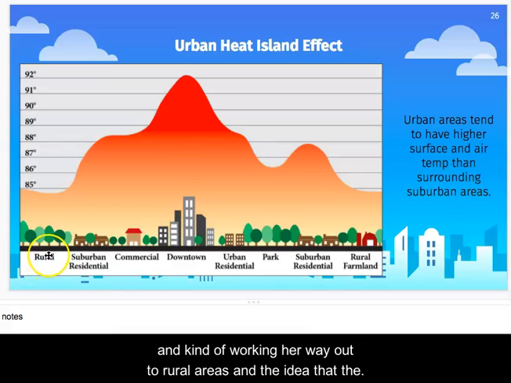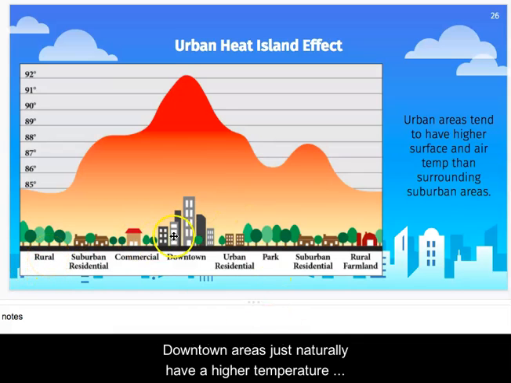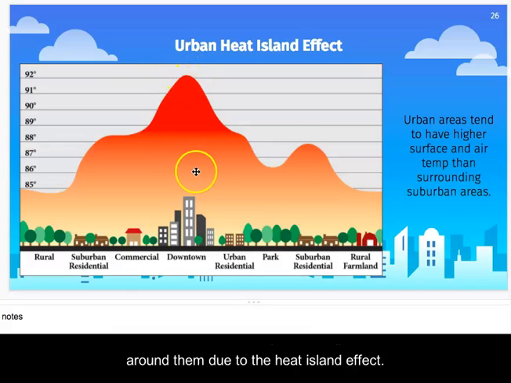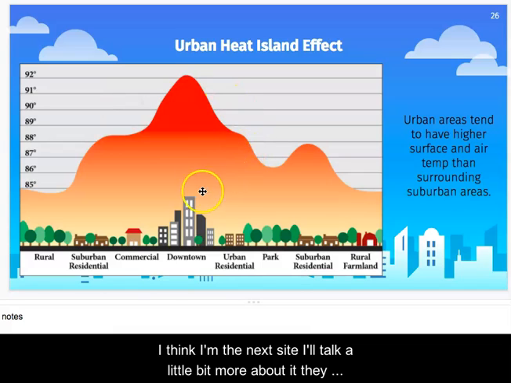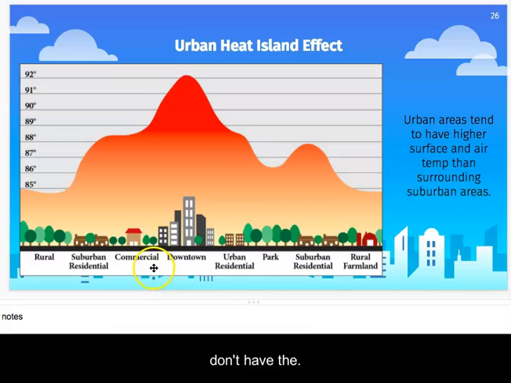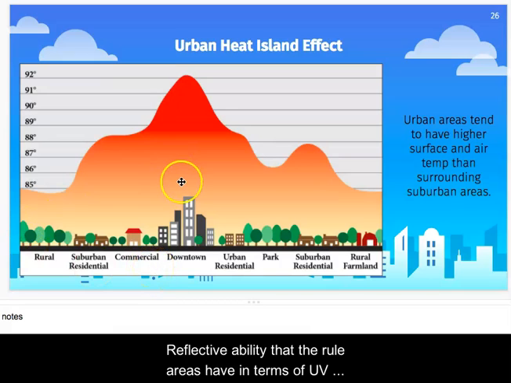And the idea is that the downtown areas naturally have a higher temperature around them due to this heat island effect. On the next slide I'll talk a little more about it: they don't have the reflective ability that the rural areas have in terms of UV radiation and sun exposure.